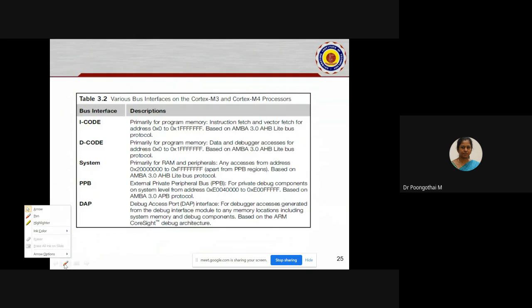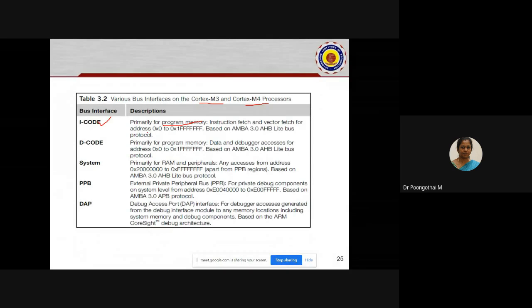So these are the various bus interfaces involved in the Cortex M3 and M4 processor. I-Code is for program memory, and the address range starts from 0000 0000, based on Advanced Microcontroller Bus Architecture 3.0.